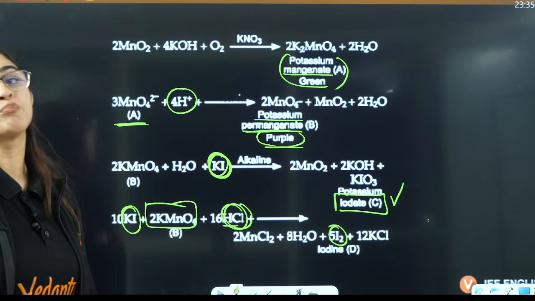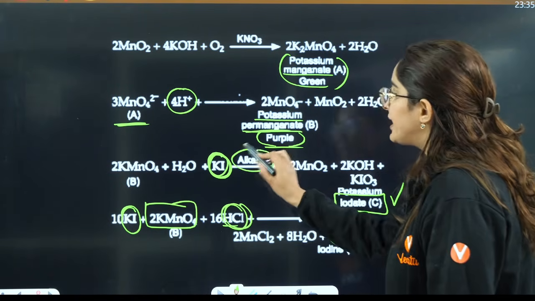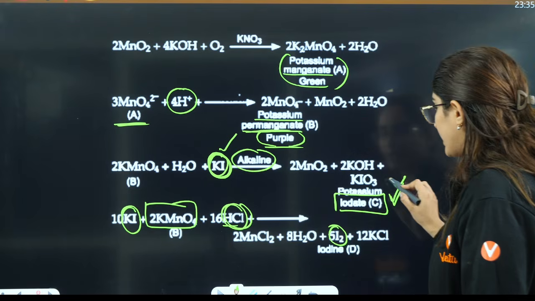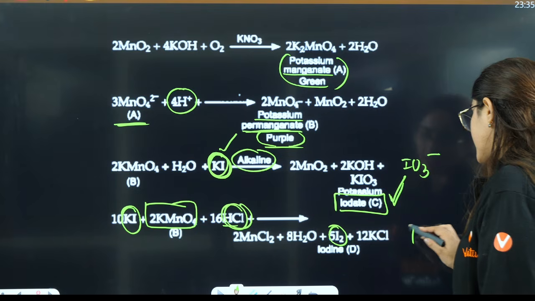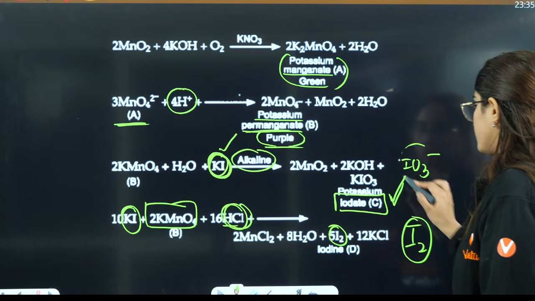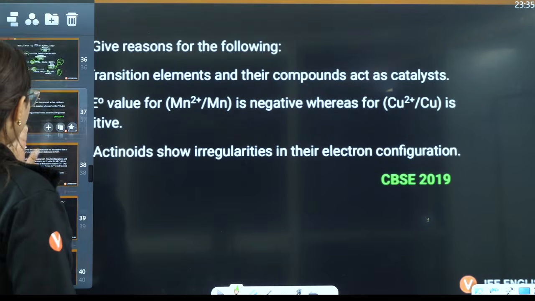This is very important, right? In the basic medium, KI is converted to iodate, that is IO3 negative, but in the acidic medium it is converted to I2. Done.